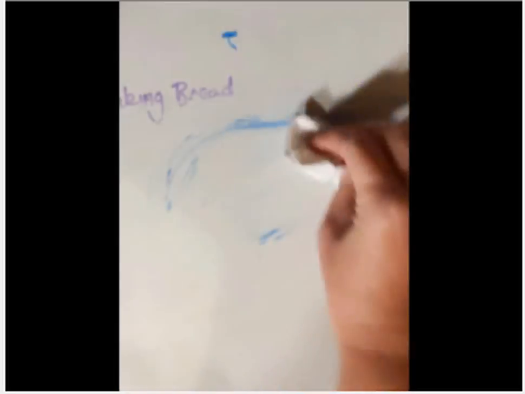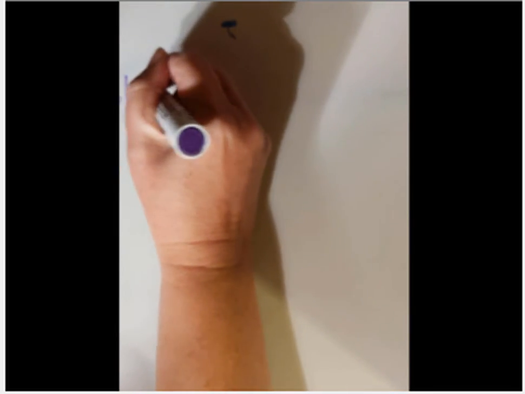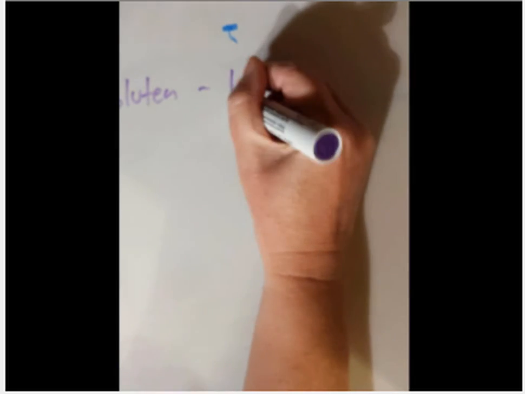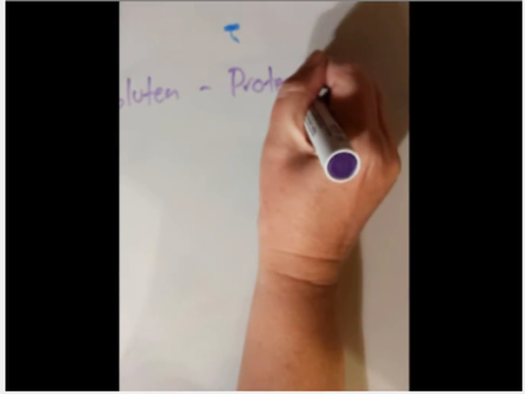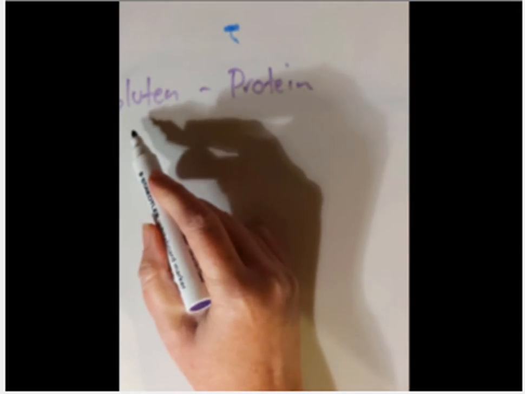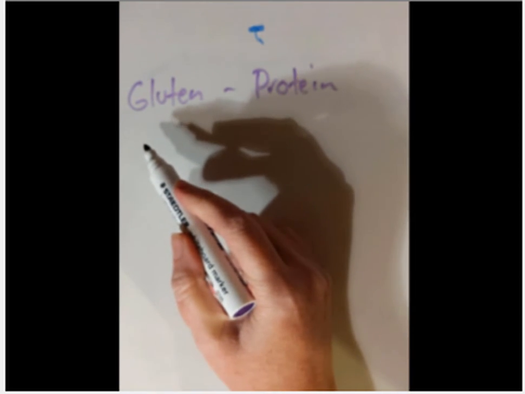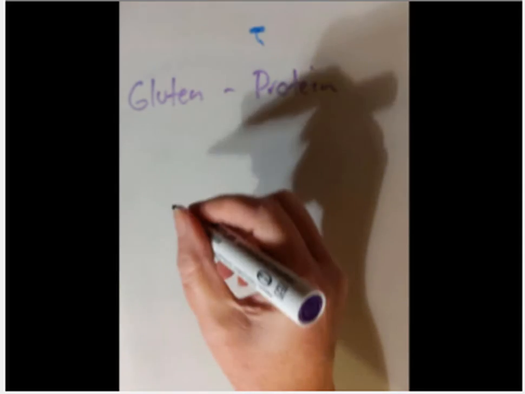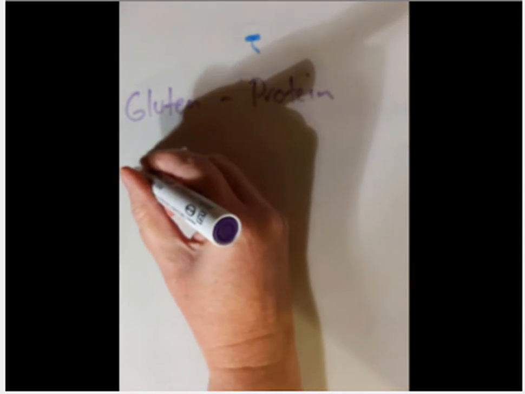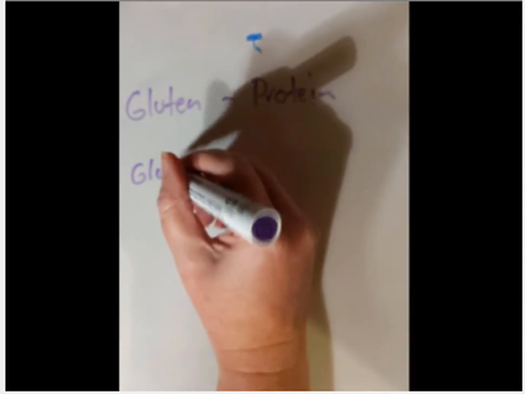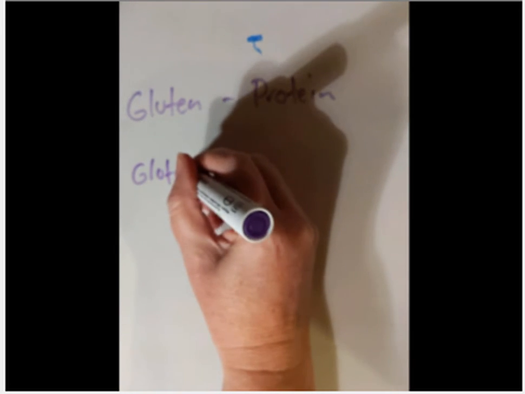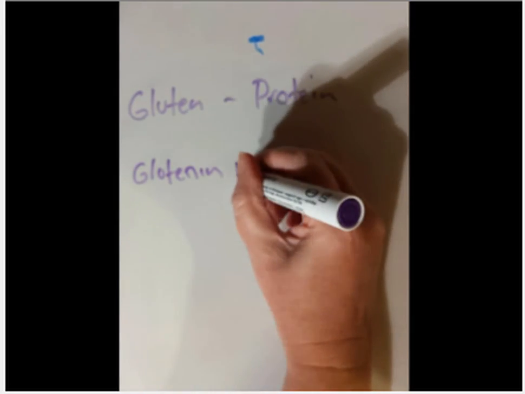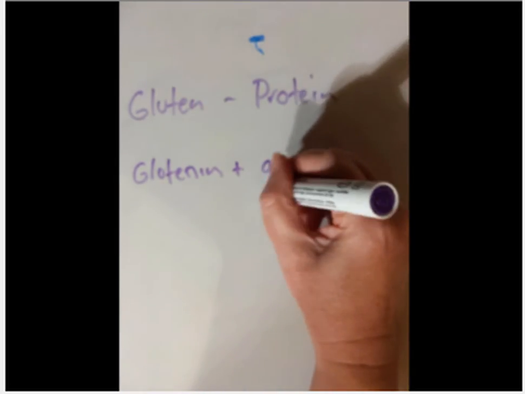So, what is gluten? Gluten is a protein, but it doesn't exist in the flour in its dry state. Gluten is actually two proteins called glutenin and gliadin.